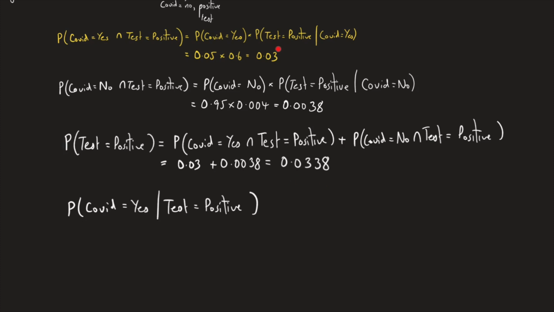But we know that 3% of the population have COVID and get a positive test, and we know that 3.38% of the population get a positive test, so we can find that fraction. We're going to find 0.03 divided by 0.0338, and that will give us the proportion of those individuals who have a positive test who are suffering from COVID, which gives us a probability of 0.88757, or 88.76% of individuals who get a positive test are suffering from COVID.